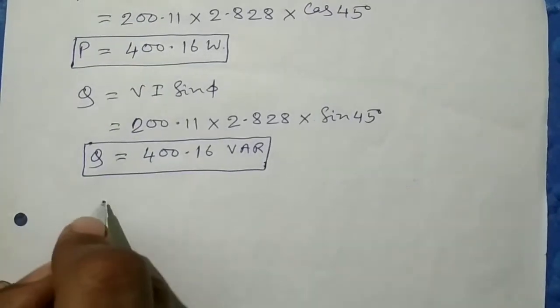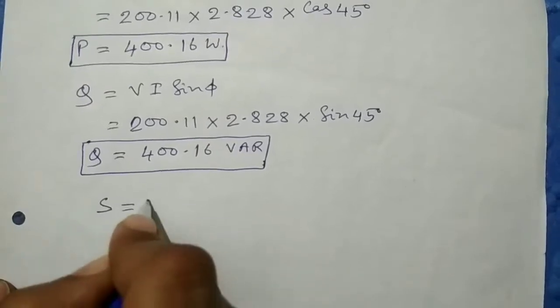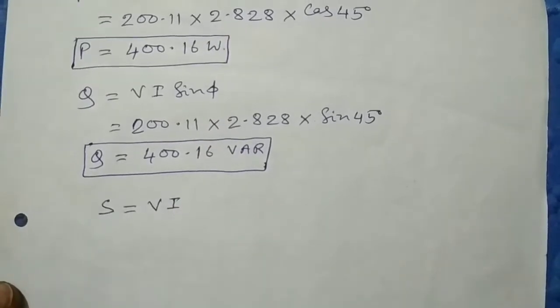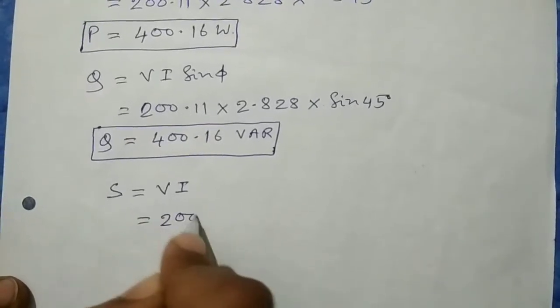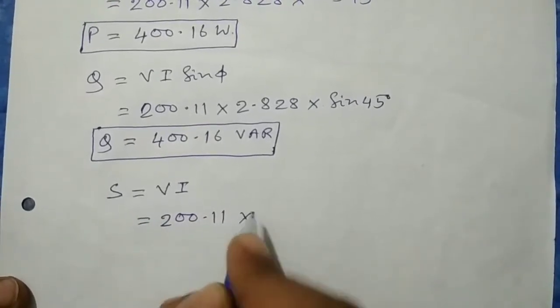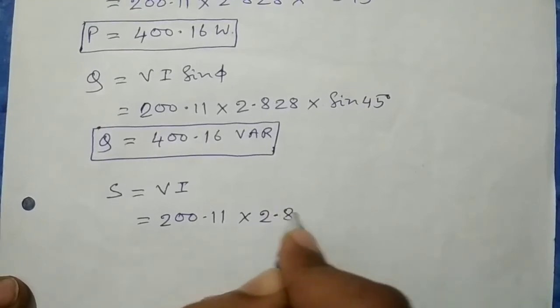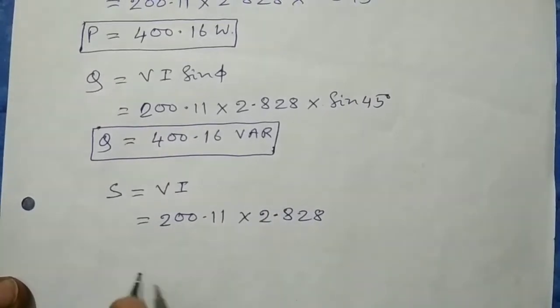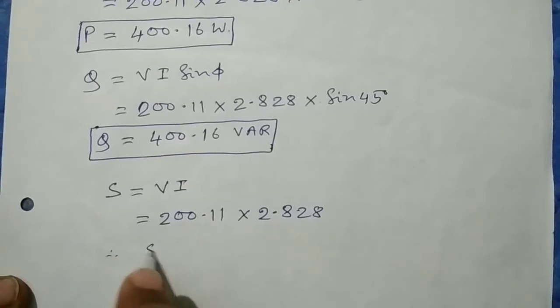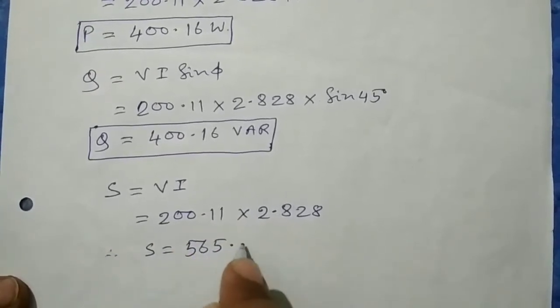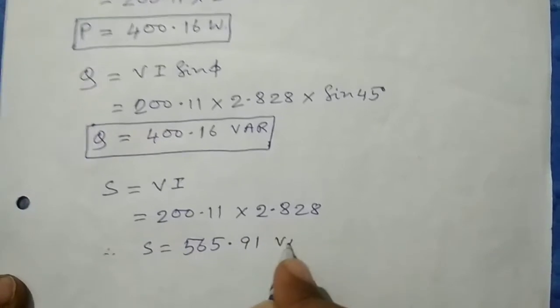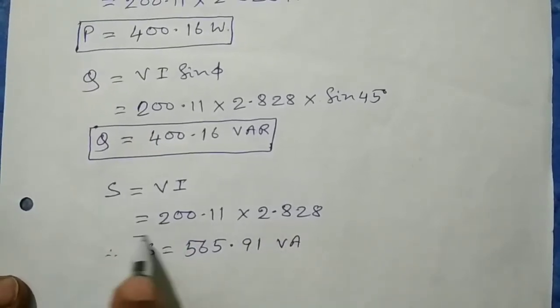And finally the apparent power S, it is V into I, RMS voltage into RMS current, that is 200.11 into 2.828. So the value of S will be equal to 565.91 VA, that is volt ampere.